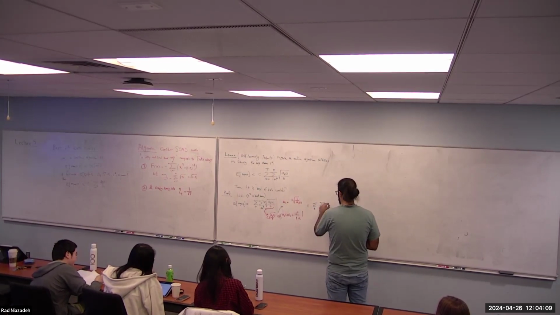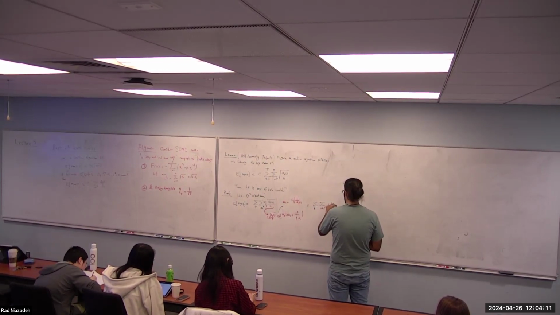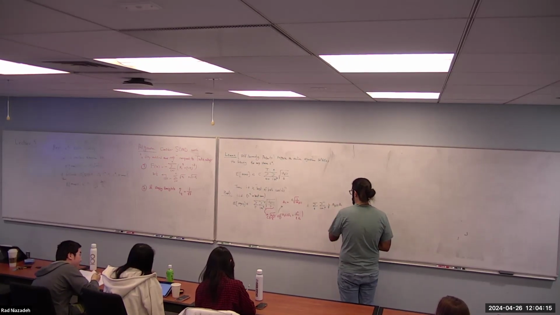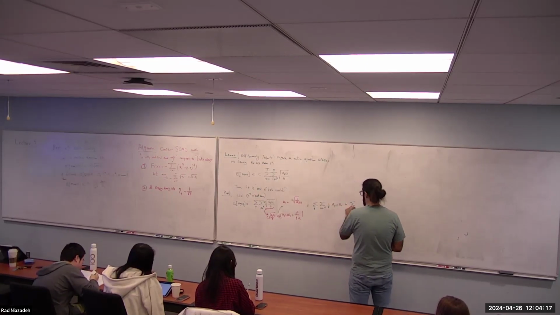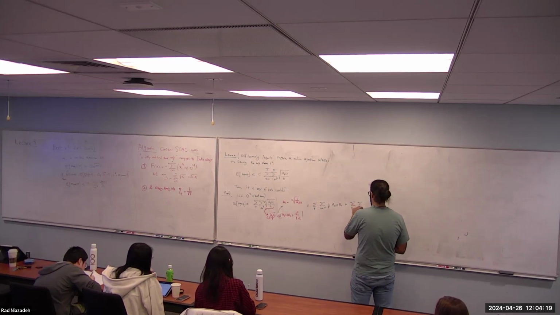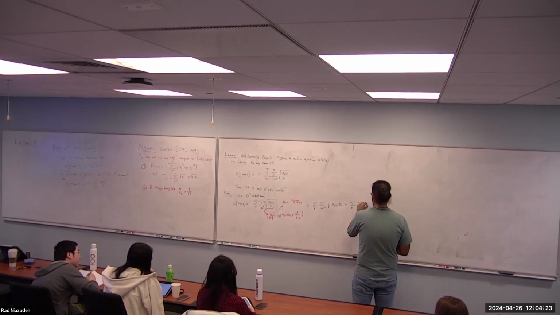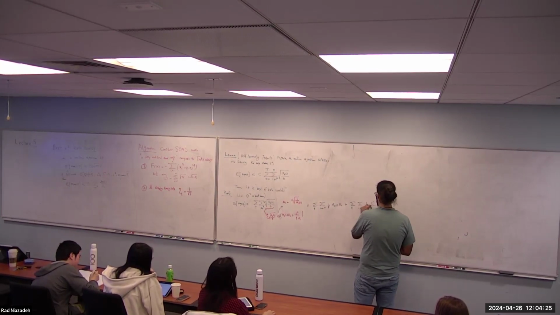Upper bounded by half times ATI delta I plus sum over t, I not equal to I star, and then you have half of C squared divided by t delta I, right?